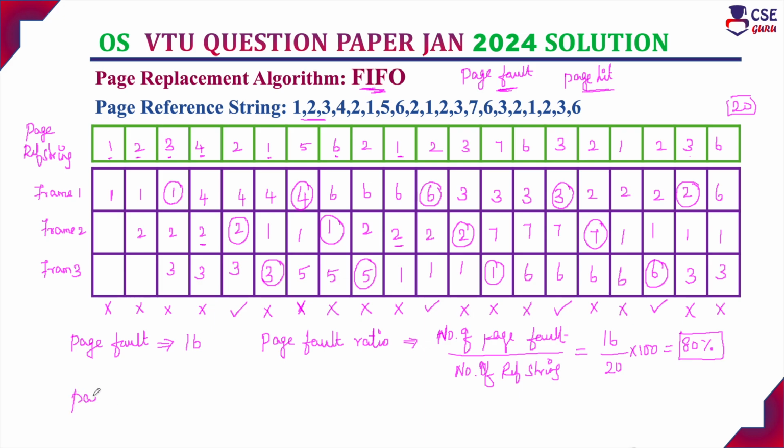Similarly, you need to find the page hit ratio. So the number of page hits, if you are considering out of 20 strings, 16 are faults. So 1, 2, 3, 4 are page hits. Number of page hits is 4.